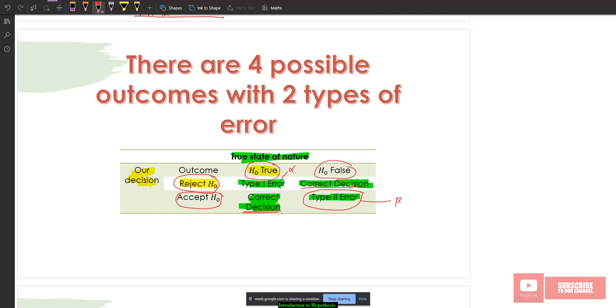We are making 95% confidence, or 99% confidence. We are reserving 1% or 5% for our decision to be wrong. So these are the possible states of nature and outcomes, with 2 types of error.